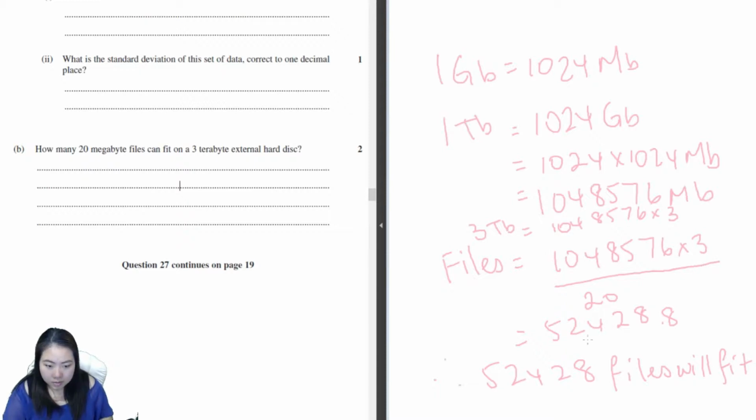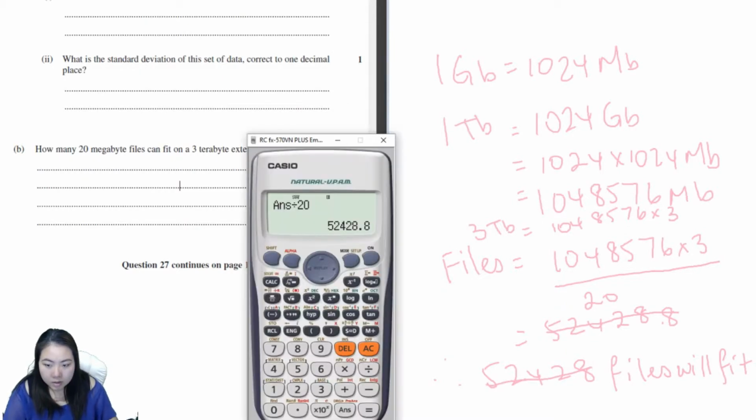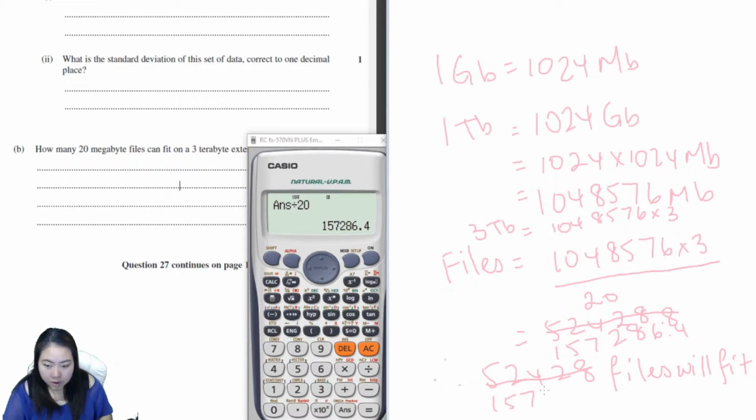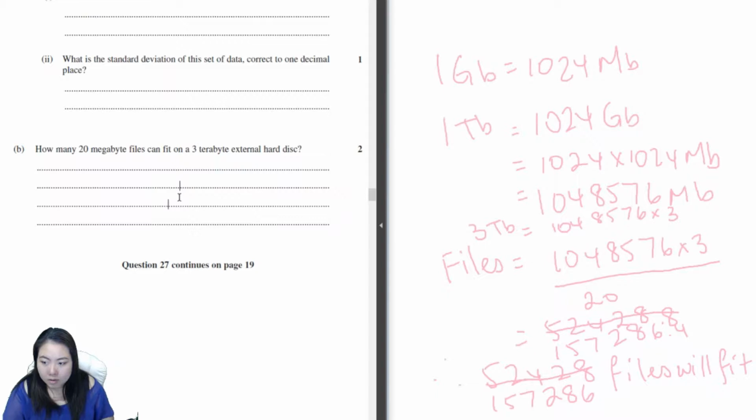Let's see what that number is now. 157,286.4, and again we wouldn't want to just put 0.4 of a file in, so we'll just put 157,286 files. Alright, let's triple check how many 20 megabyte files can fit onto a 3 terabyte external hard drive.